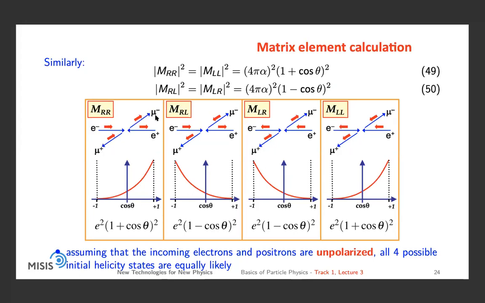Of course, if the muon flies at the angle pi in the opposite direction, the amplitude of such a process should be equal to 0, because you would have the final spin going in the opposite direction to the initial spin. So this cannot happen. And this is what you can see in this picture. And the maximal amplitude would be when the spin of the muon system is aligned with the spin of the electron system. That's why the total amplitude behaves like this. Similar considerations go for the other three cases.